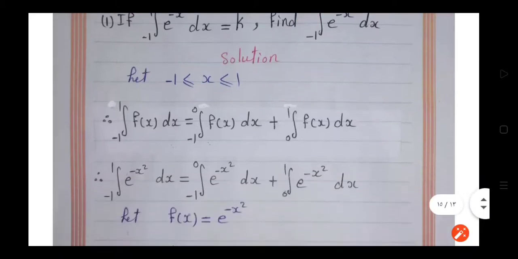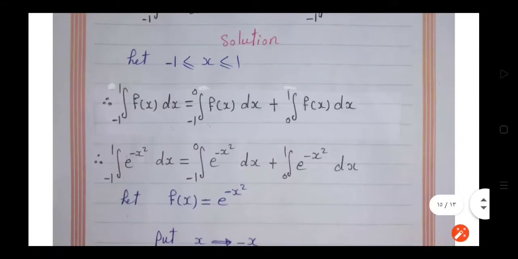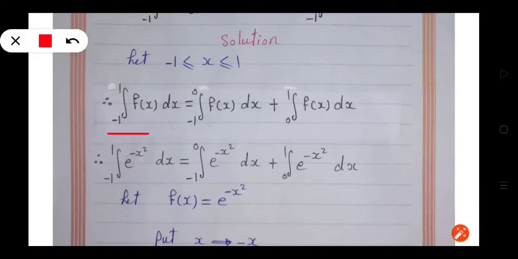By using the property of definite integral, the integration from negative 1 to 1, we can write it as negative 1 to 0 plus 0 to 1 for the same function.